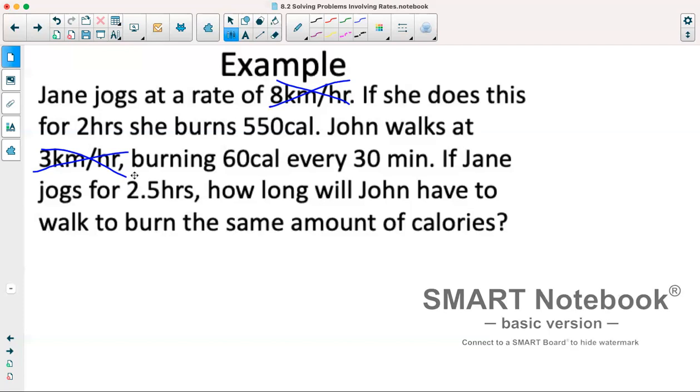Now, we know that she's burning 550 calories in 2 hours, so we'll use that to come up with a unit rate.